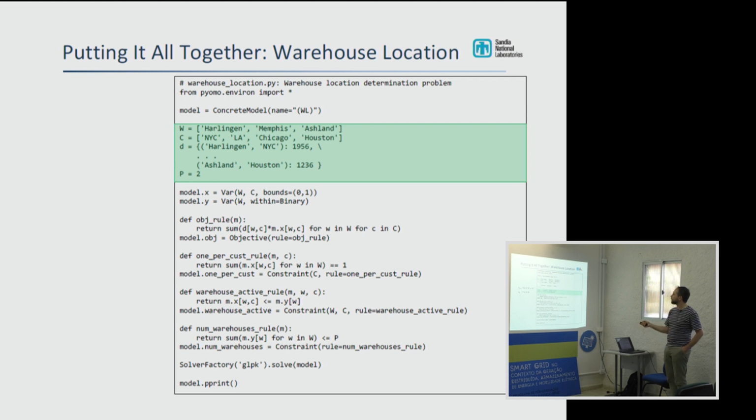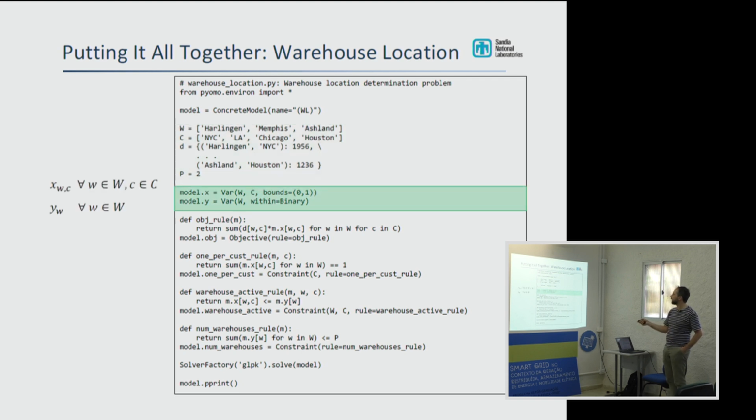I create my variables. One is x, indexed by both W and C, and it's continuous between 0 and 1. And the second is y, indexed by W, and it takes values in the binary domain. If you want, you can use your laptop to do the same in parallel.